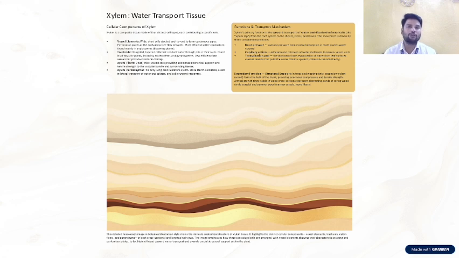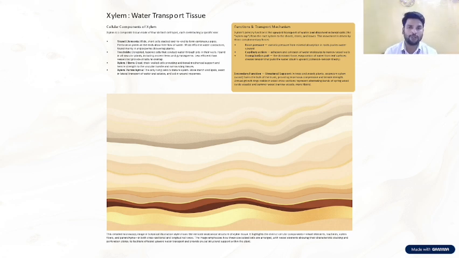So what are the functions of the xylem? Xylem is important for water transport and for dissolved mineral transport, because it transports water from the root to the aerial parts of the plants. This is driven by some complementary forces. Root pressure: osmotic pressure from mineral absorption in the root pushes the water upward.